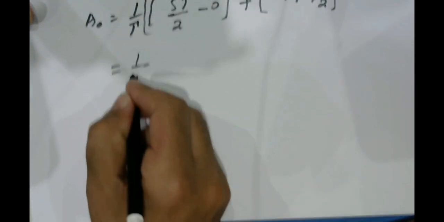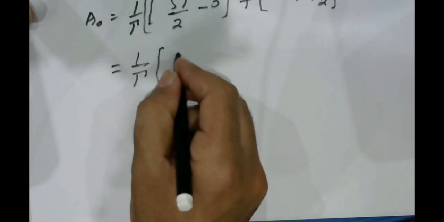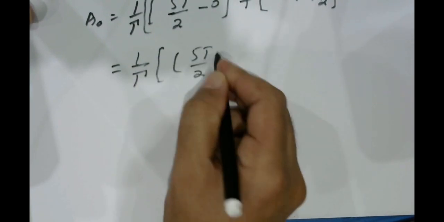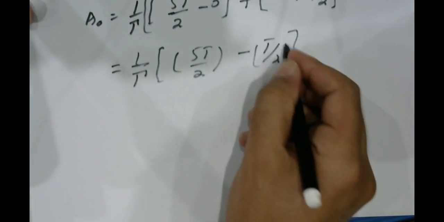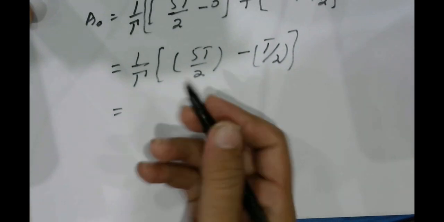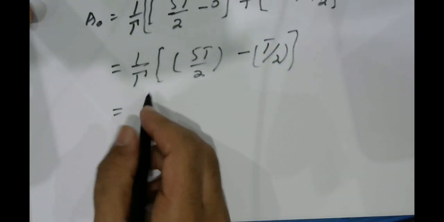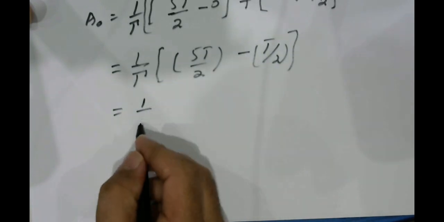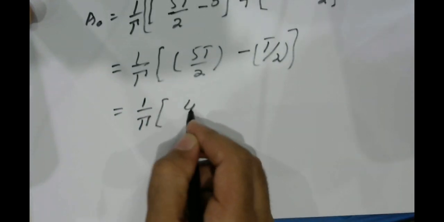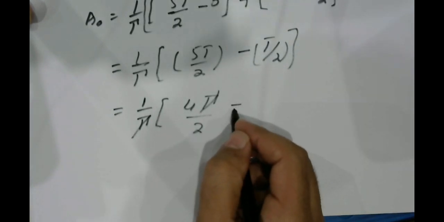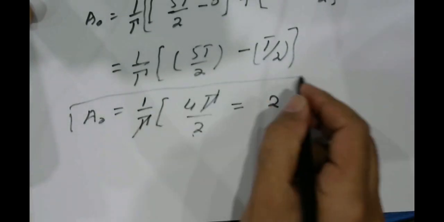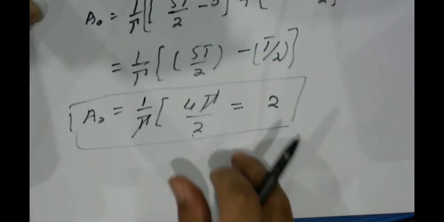You will get in the next step 1 by T, and here you get just 5T by 2, and minus T by 2 over here, right? And you further solve it. So 5T by 2 minus T by 2, you will get how much? 1 by T into 4T by 2. T and T cancel, you get 4 by 2 is 2. So we got our first DC value, that is 2. This is your DC value. Okay, this is a naught.